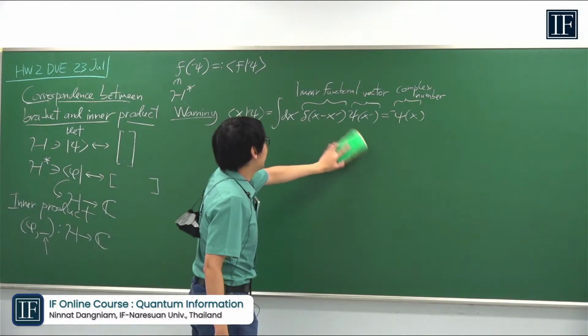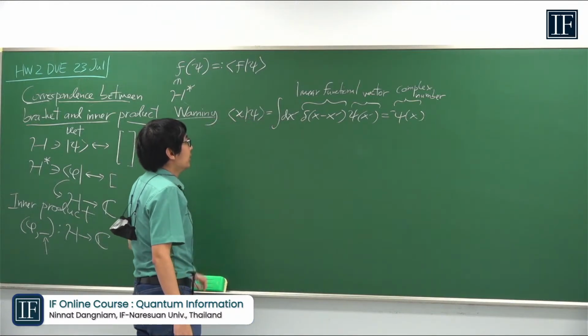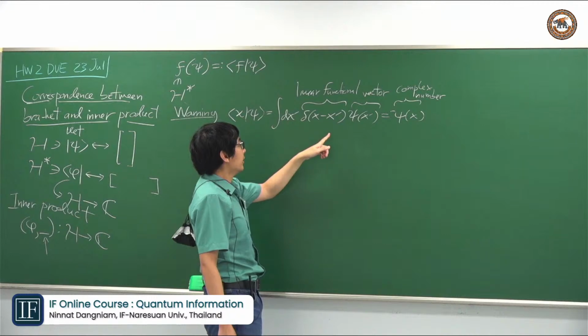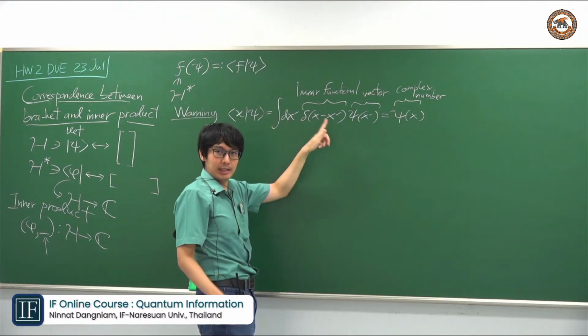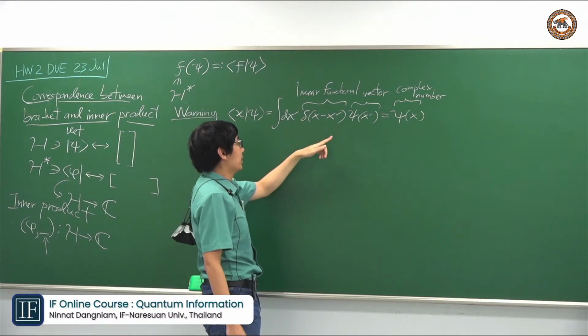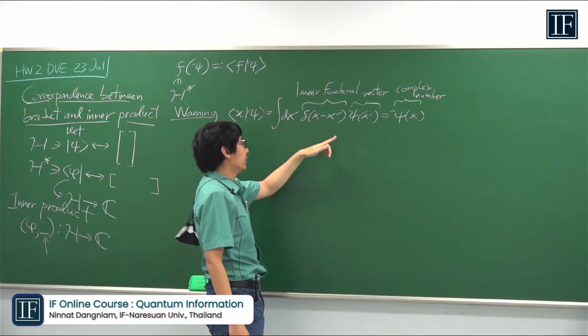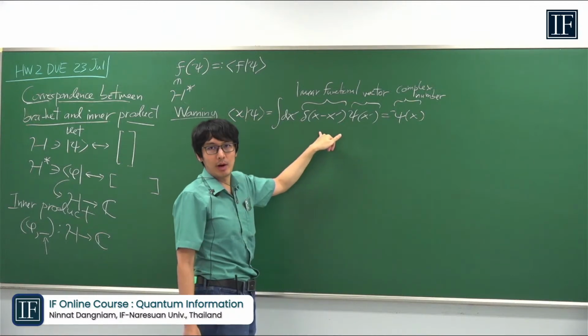But why do I bring this up? Because we know that we cannot quite turn this bra into a ket because it's not square integrable.